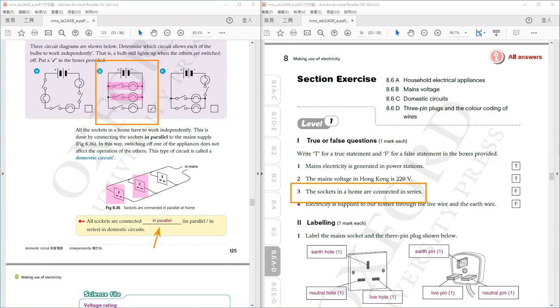But then opening the switch on branch 3 does not affect the other two light bulbs, so they can work independently. 佢哋互相唔受影響嘅。Therefore, you should correct this to in parallel. Therefore, statement 3 is wrong.